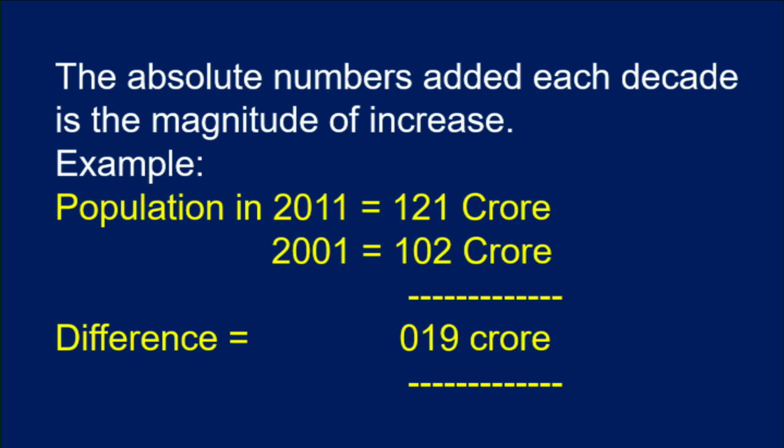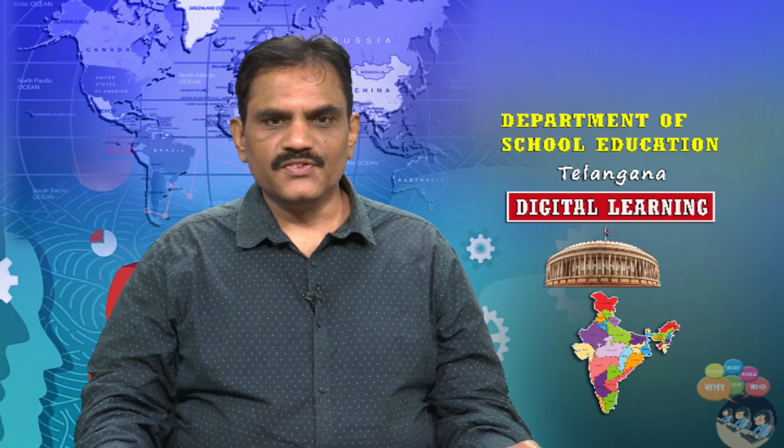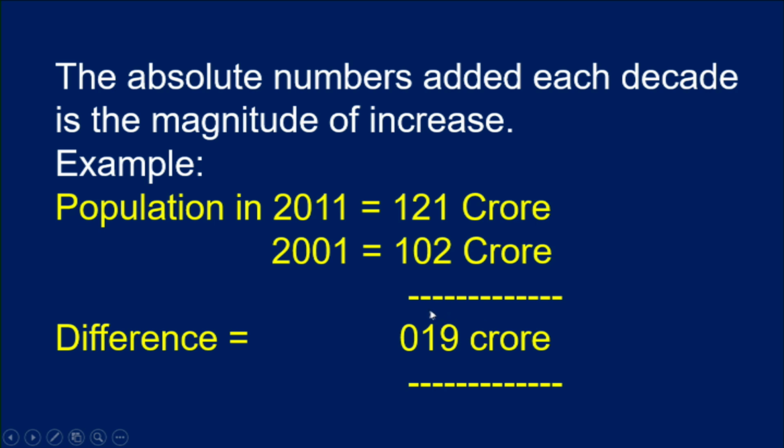The population in 2011 is 121 crores. The population in 2001, if you see, is 102 crores. The difference is 19 crores. This is the number added to the population, the absolute number, 19 crores.